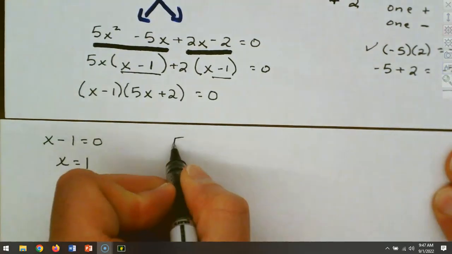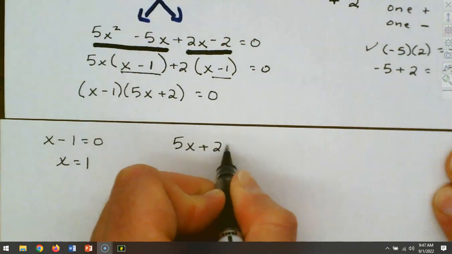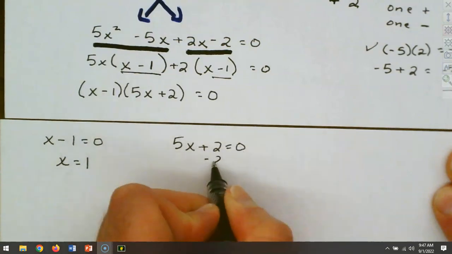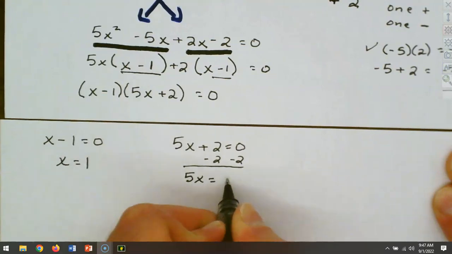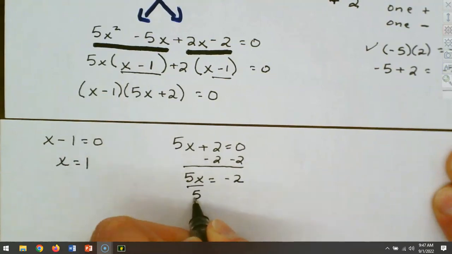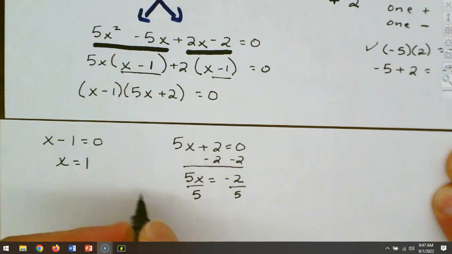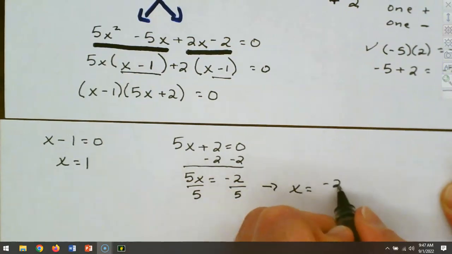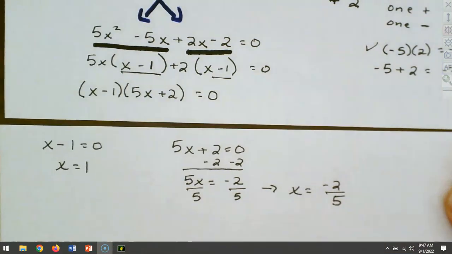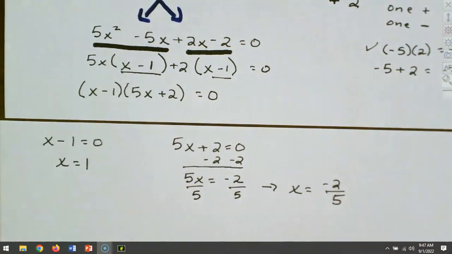It's going to be 5x plus 2 equals 0. Move the 2 over. So 5x equals negative 2. Divide by your 5. And now we've got x equaling what? Negative 2 fifths. And there's your 2 solutions.